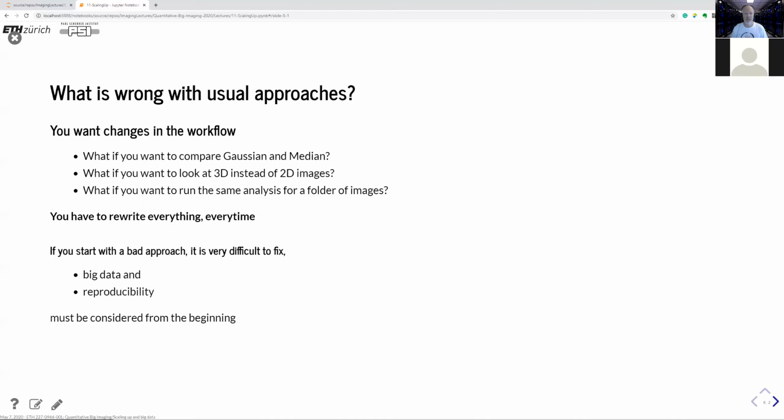That's not really easy to work with, particularly when you start with big data and want to have reproducible data. Therefore, before you start coding, think about how it will be used once you have the final implementation, and keep that in mind all the time.